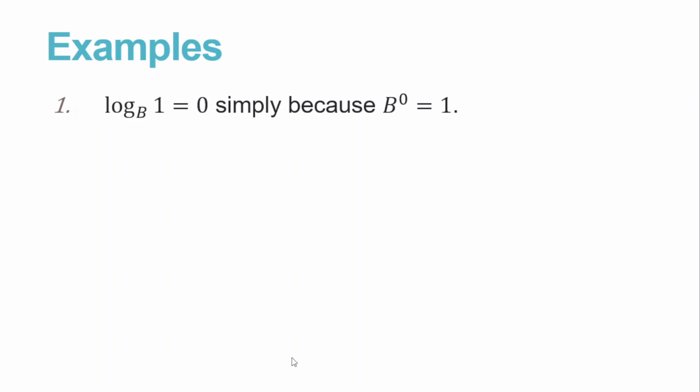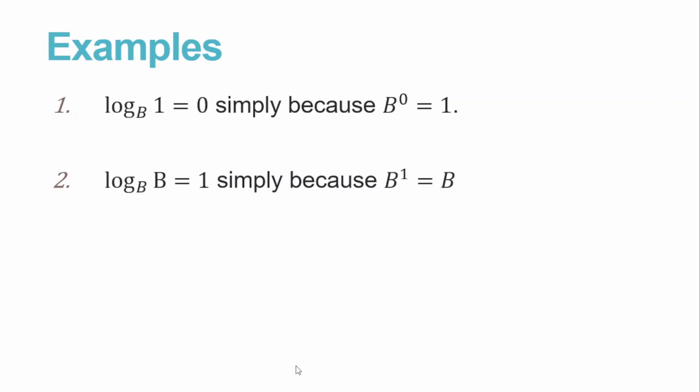That's because for any base b other than 1, any number raised to 0 is 1, right? I don't think these really are examples, but they are rules, or tips, that you need.